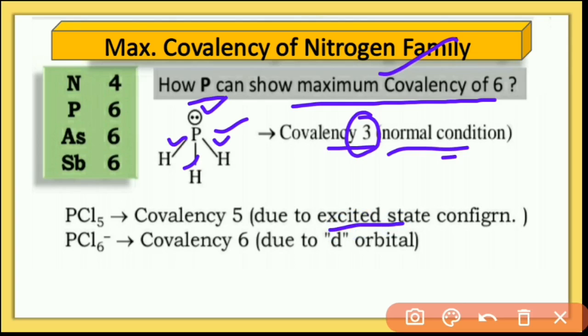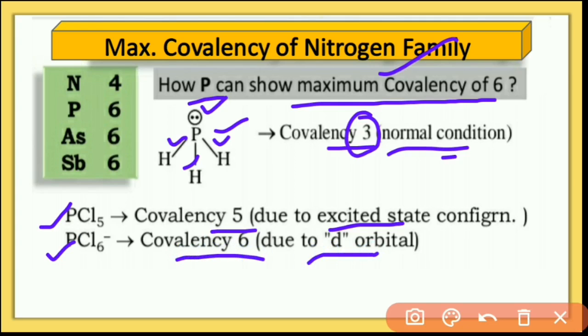An electron jumps to a higher energy level, into the d orbital, and it can form 5 bonds with chlorine to form PCl5, and here phosphorus shows covalency 5. In the PCl6 negative ion the covalency is 6 due to the d orbital.